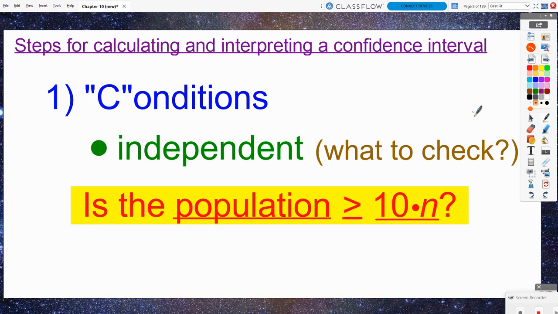Now the independent condition, we're still checking, is the population at least 10 times our sample size? Remember, for the population, define who or what the population represents to the problem. It's all who or all what. And then tell me how much is the 10 times sample size value. For the most part, we will be assuming that this is true.